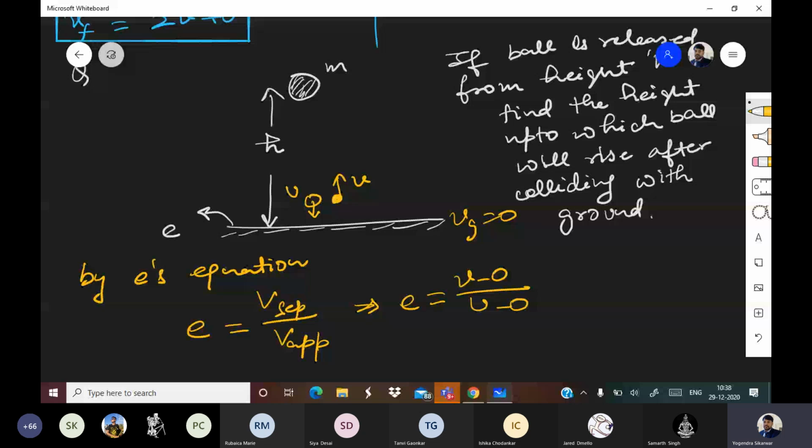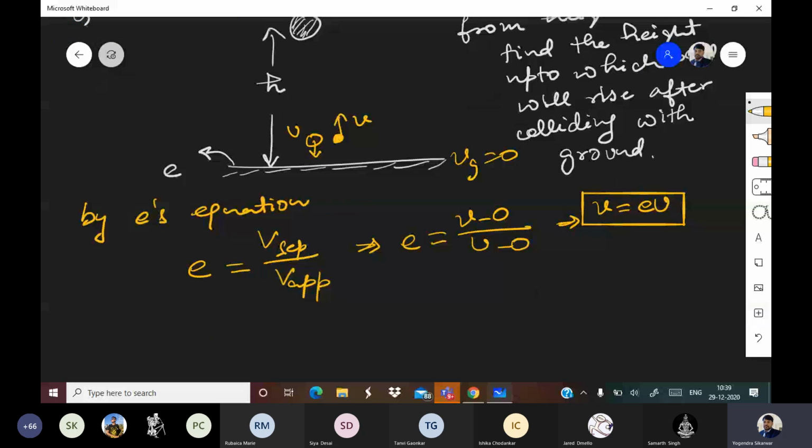So this gives us V is equal to EU. If V is the velocity with which you are projecting anything vertically upward, then H max will be V square upon 2G, which gives E square U square upon 2G.